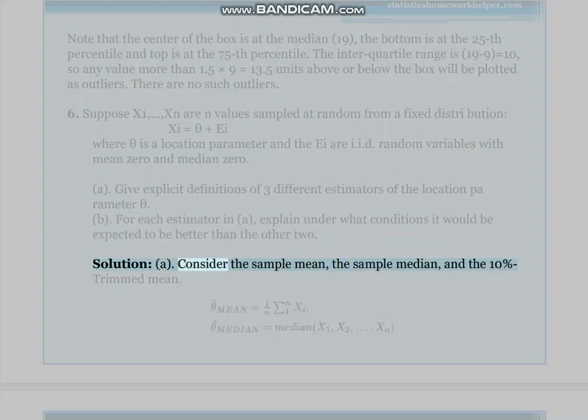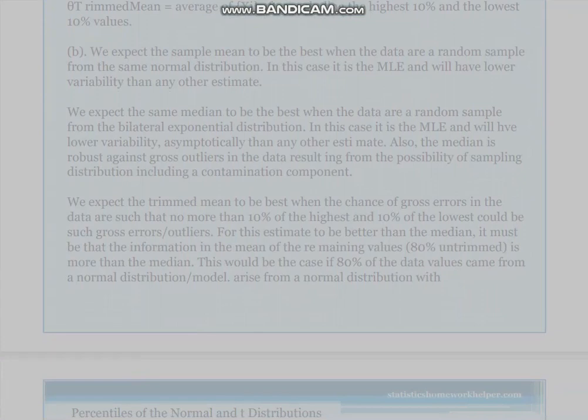Solution: A. Consider the sample mean, the sample median, and the 10% trimmed mean. Theta-hat trimmed mean equals the average of x_i after excluding the highest 10% and the lowest 10% of values. B. We expect the sample mean to be the best when the data are a random sample from the normal distribution.